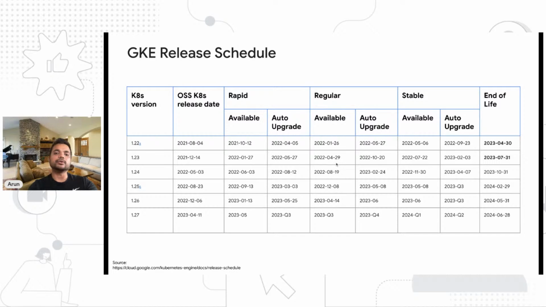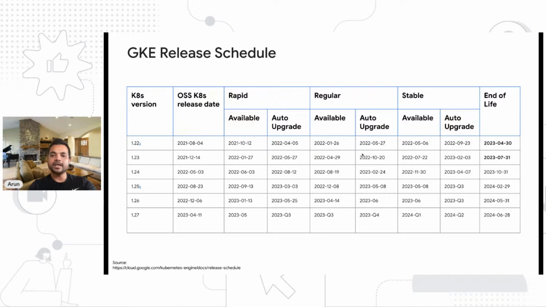So when does auto upgrade happen? When a version becomes default in any release channel, and your cluster is enrolled in any of these channels, then Kubernetes will start upgrading those clusters within 10 days. Let's say your cluster is in the regular channel, which is most of the time.